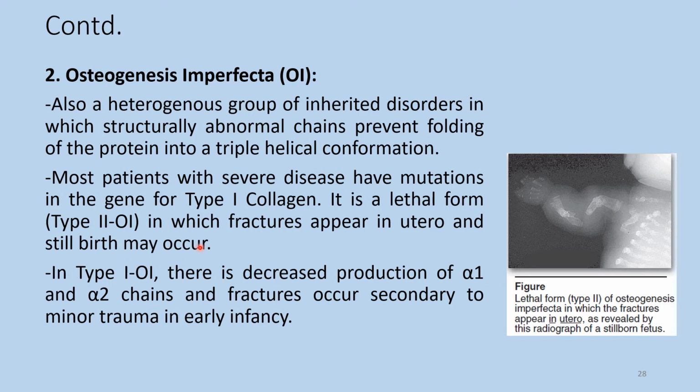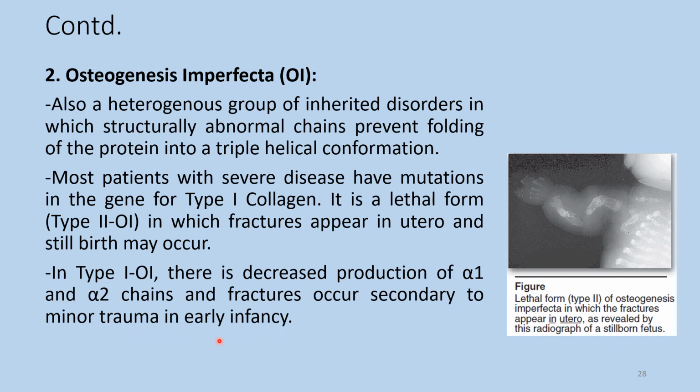The bones become so fragile that they show the fractures in their intrauterine life. In type 1 of osteogenesis imperfecta, there is decreased production of alpha 1 or alpha 2 chains, and fractures occur secondary to minor trauma in early infancy.